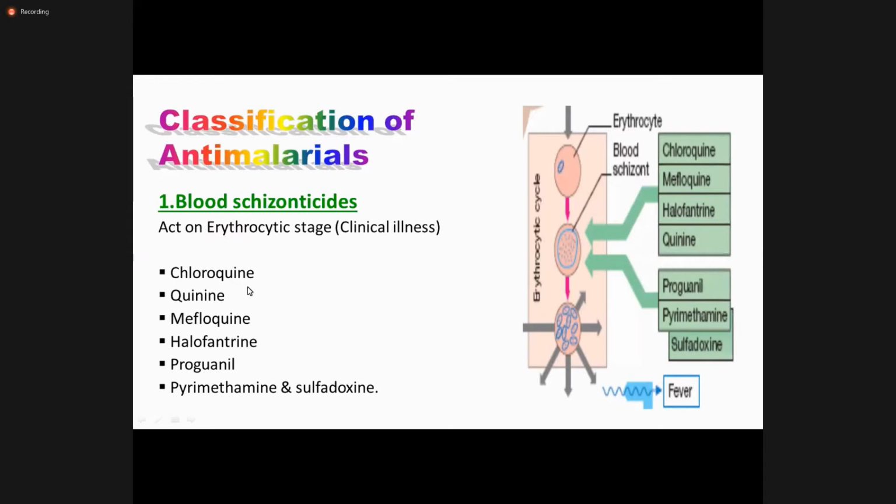So when we come across a patient with malarial symptoms, like high-grade fever with chills, and we suspect malaria, we usually start with the chloroquine group, unless we face resistance or other phenomena, and then we switch. Otherwise, chloroquine is a good choice to start anti-malarial therapy. So remember these anti-malarial drugs: the chloroquine group, halofantrine, proguanil, and the antifolate drugs pyrimethamine and sulfadoxine.